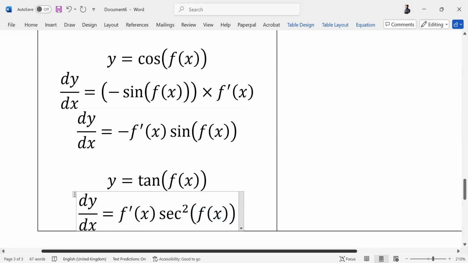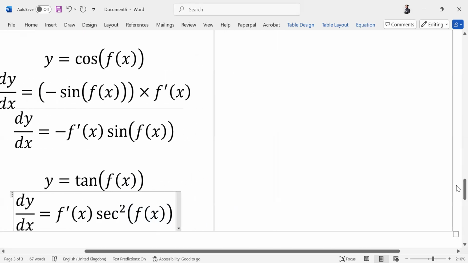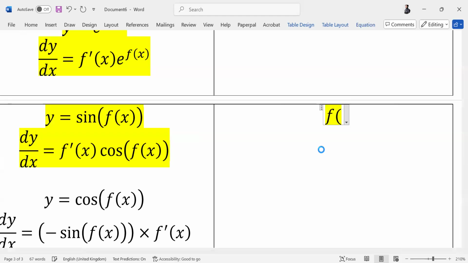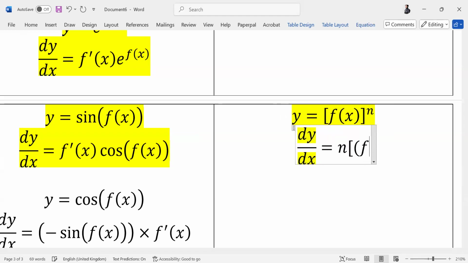And in AS, we have already done this one, the last thing, which is if I have any function, y is any function; we understood this also through the chain rule. Any function to the power n: the derivative will be n, and the function remains as it is.